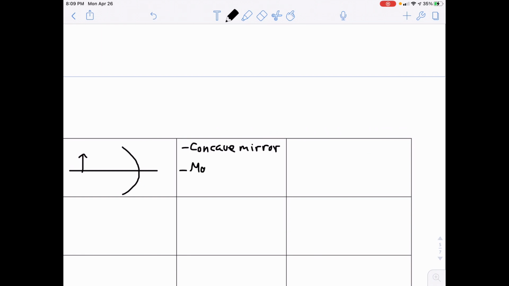Sometimes the concept of magnification will come up as well. The equations we need for problems like this would be: the focal length is half the radius of curvature.